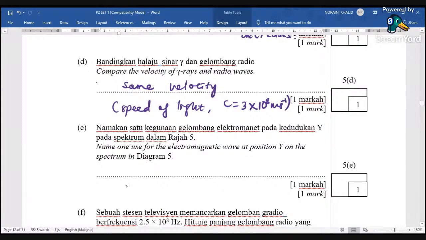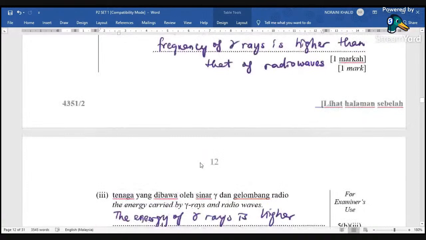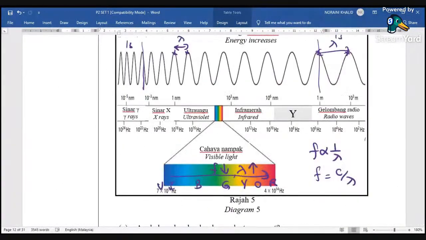Okay, name one use of electromagnetic wave at position Y on the spectrum in diagram 5. So from here you can see gamma, X-rays, ultraviolet, visible light, infrared. So this one will be microwave. You can create a funny sentence just to memorize the arrangement of the waves.